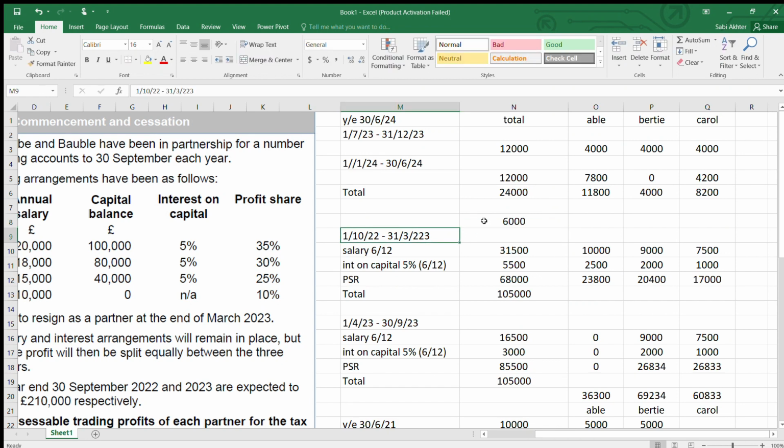Okay, and then from there you have to add this 4,000. Then you deduct overlap profit. Overlap profit was 3,750 from test understanding 3 again. Minus 3,750. The total will be 6,250 for Berti.